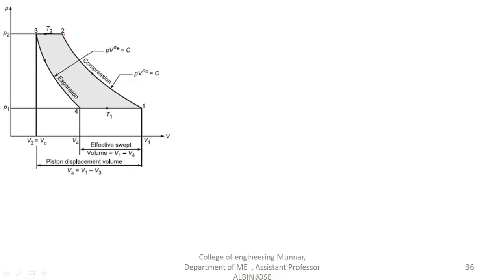Then 2 to 3 is the delivery process. P2 is the higher pressure, P2 is equal to P3, so it is a constant pressure delivery process.